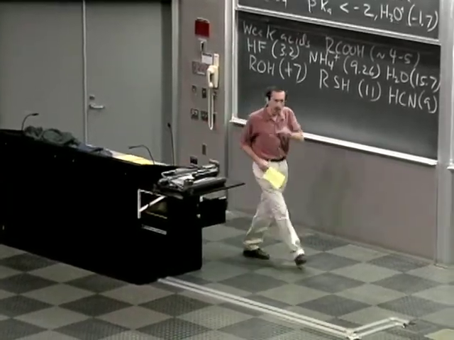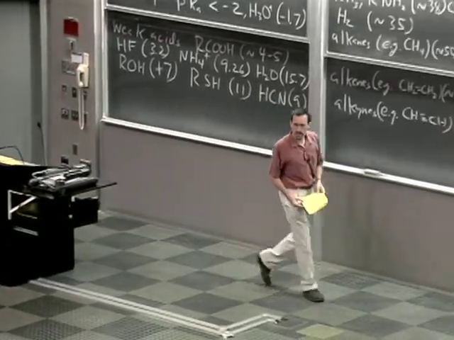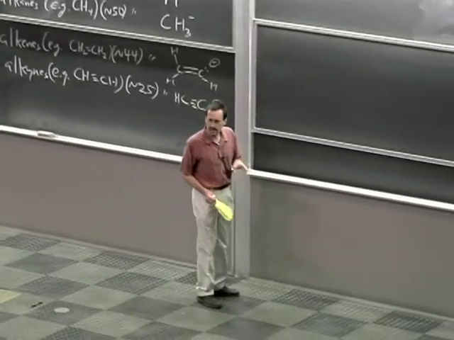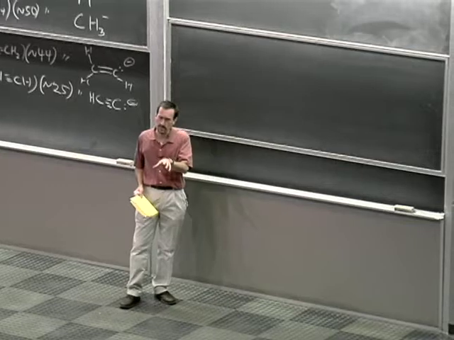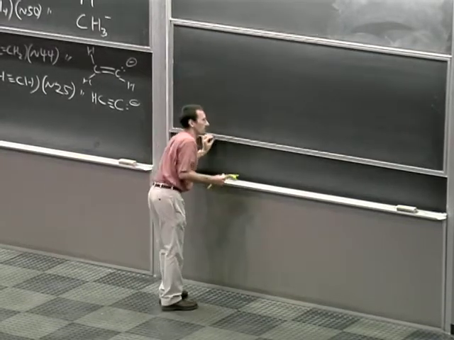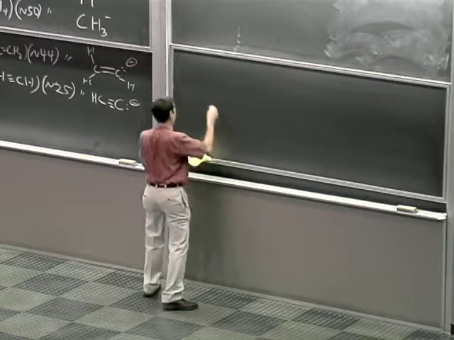All right, now I want to take these numbers for the rest of the lecture and play with them in terms of some ideas of position of acid-base equilibria and also some trends that contribute to acid strength.